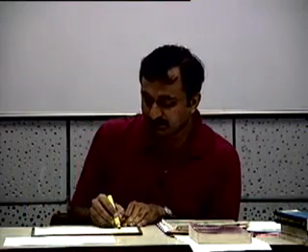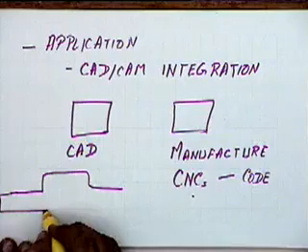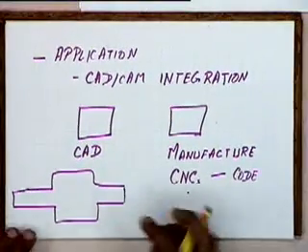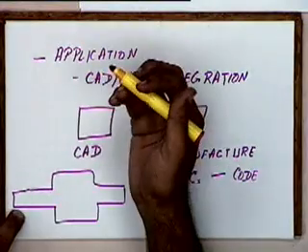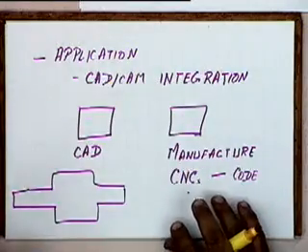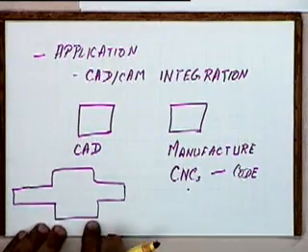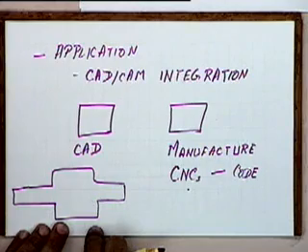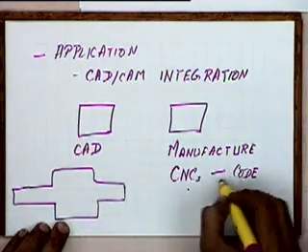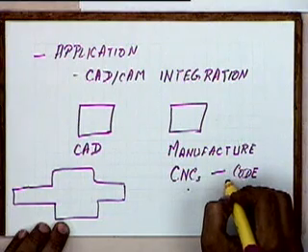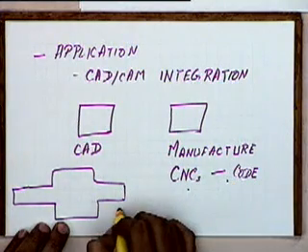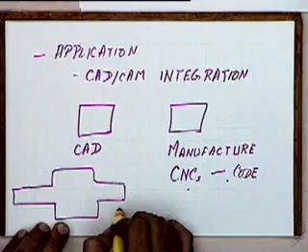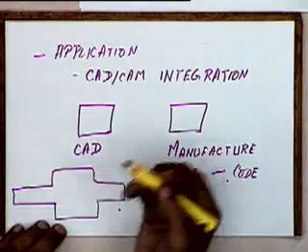Let's say you are talking of a shaft. If this shaft is represented internally in a proper manner, then from the model of this shaft, we can directly get the NC code that will be required to make it. We will be able to generate a process plan.